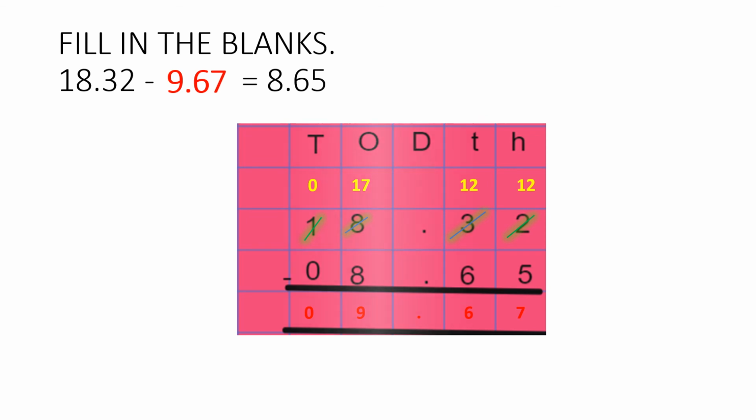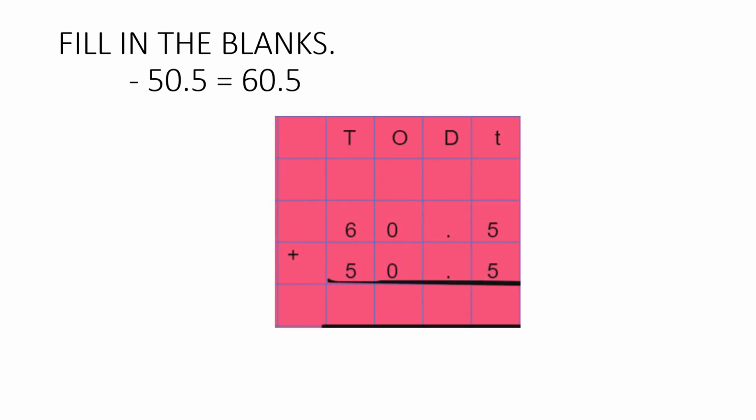Now, let's go to one more example of the same kind, finding the fill in the blanks. Here the blank is in the beginning. Blank minus 50.5 equals 60.5. Now in this question we will see whether we will add or we will subtract. Same way we will write ones, tenths, decimal, tenth. Students, look here.